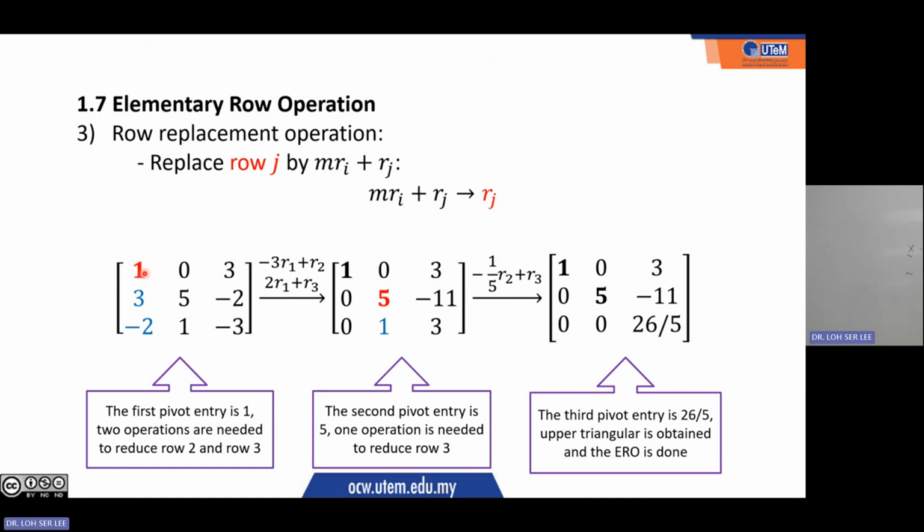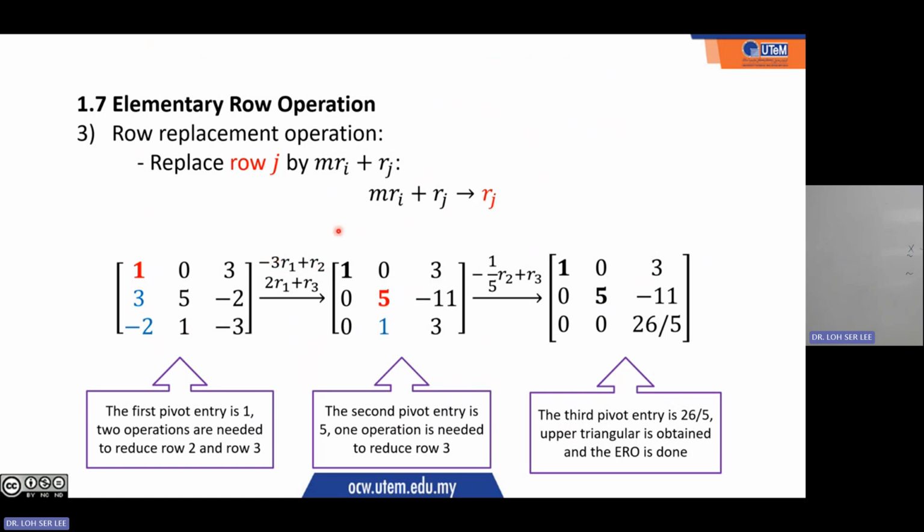If it is a non-zero entry, this will be the first pivot. After you identify the pivot, the entries underneath the pivot must be all zeros. So we need 2 operations to change these 2 rows, to change these 2 entries into zeros. We look at the first operation.